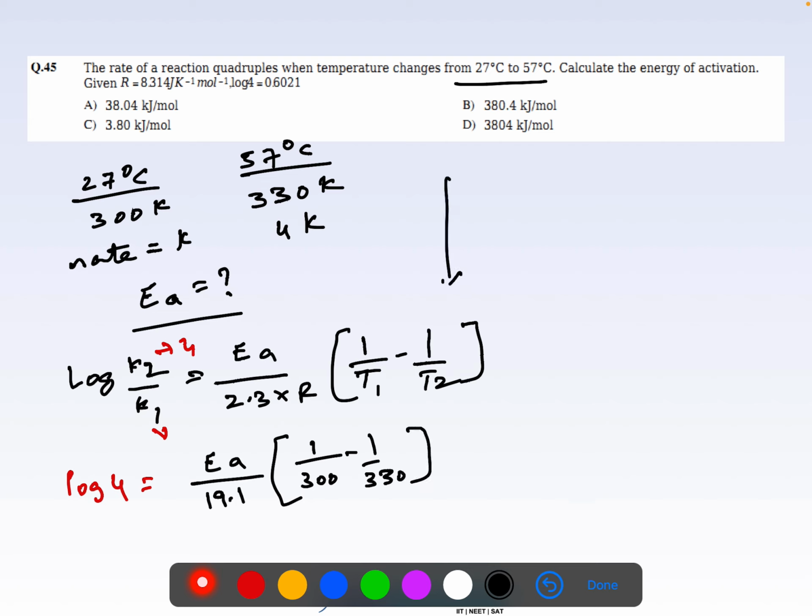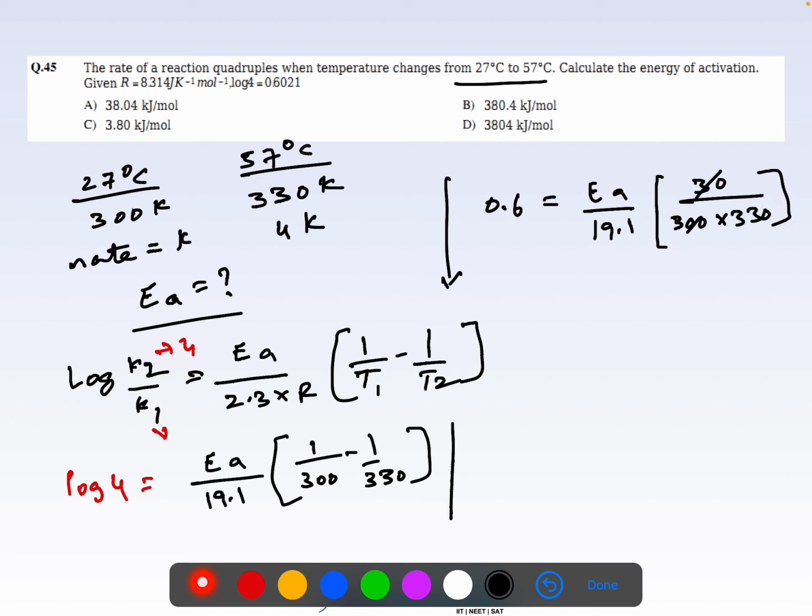If we solve this, log 4 is 0.6, equal to EA by 19.1, into 30 divided by 300 into 330, which will go for 10 times. So 0.6 is equal to EA by 19.1 into 3300.